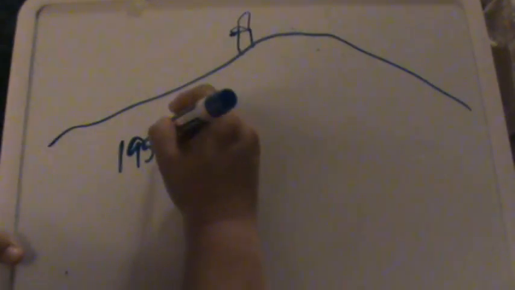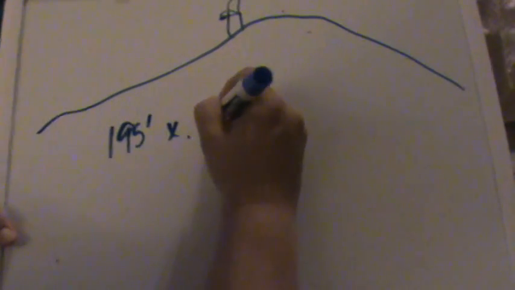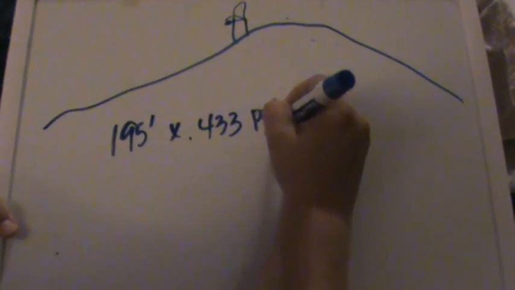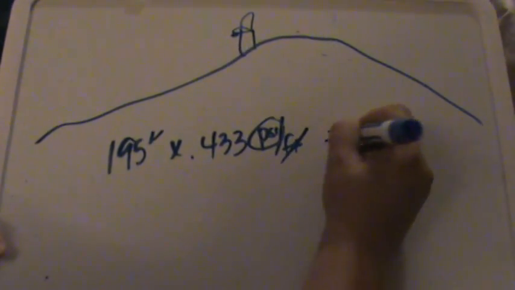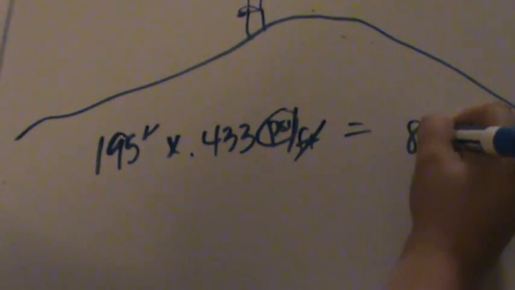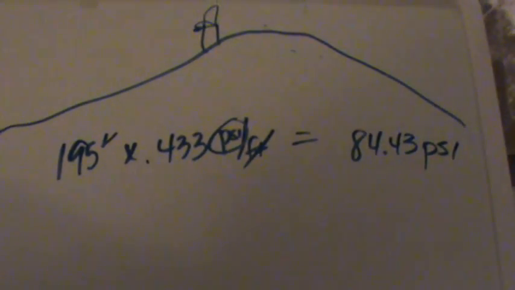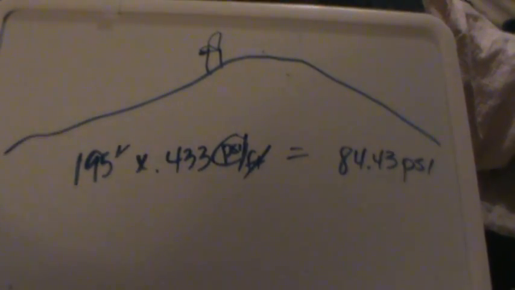If they give us feet, we know we're going to multiply times 0.433 psi per foot. The feet will cancel, leaving us with psi. The answer will be 84.43 psi. Pretty simple, although just know that I'm not an artist. Okay, moving right along.